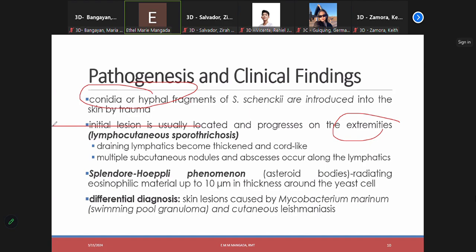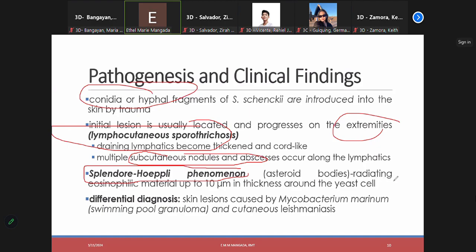So that's your lymphocutaneous sporotrichosis. And usually it has subcutaneous nodules, many nodules with abscesses. If we get a biopsy of the skin lesions and stain it, for example, with H&E, we will see the Splendore-Hoeppli phenomenon.